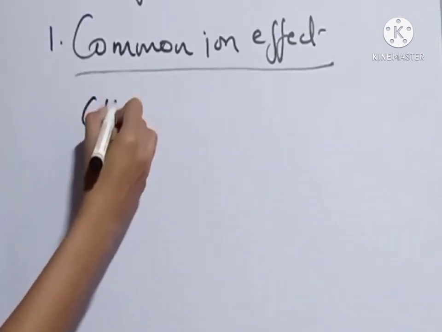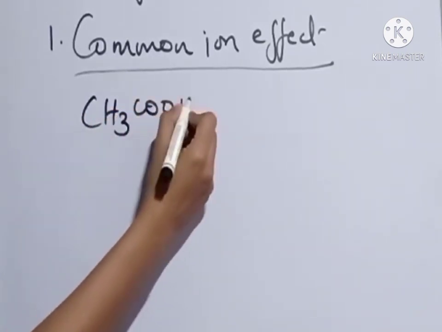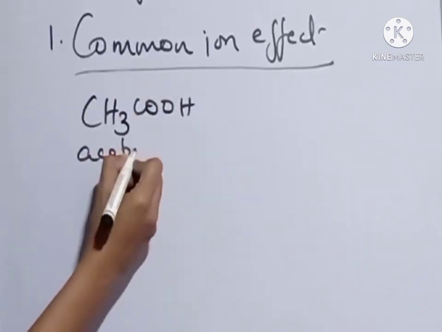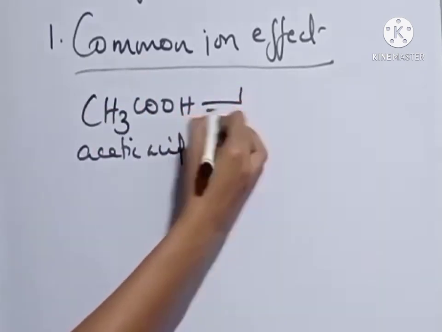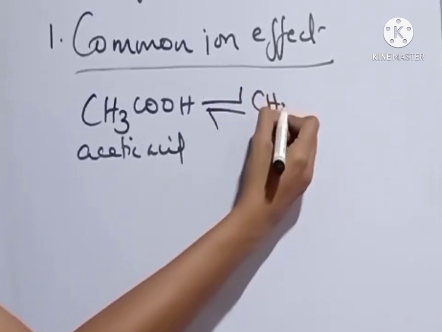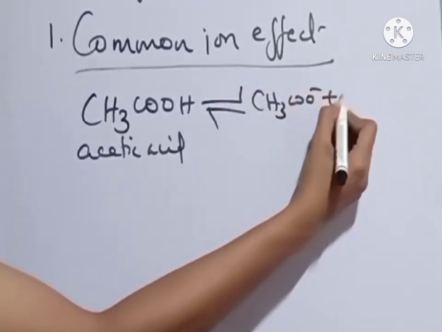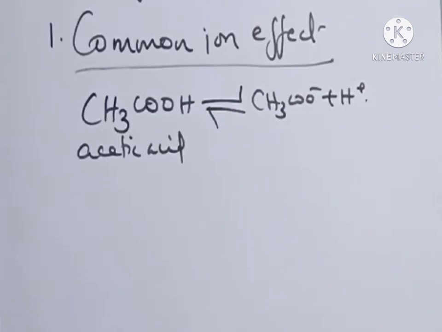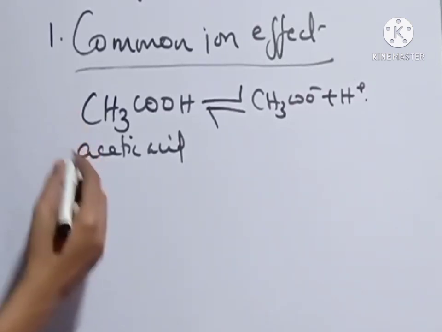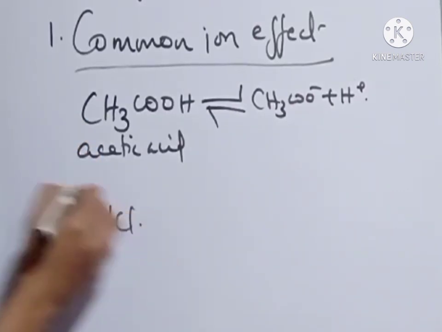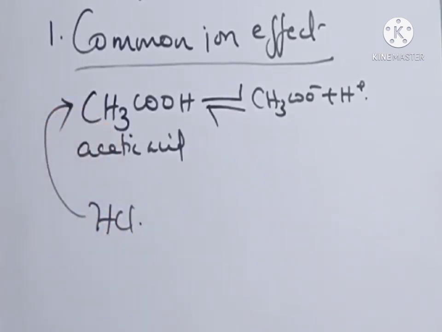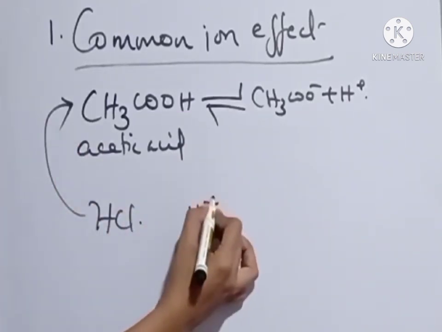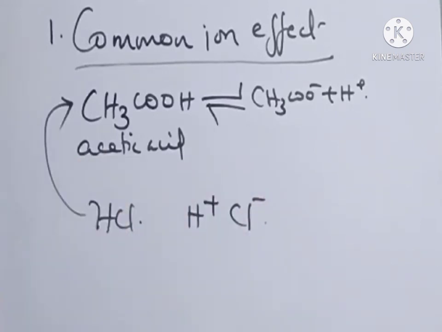I'm going to take a weak electrolyte, CH3COOH, acetic acid. Acetic acid is a weak electrolyte and its dissociation gives CH3COO minus ions plus H plus ions. Suppose I add hydrochloric acid to acetic acid. Hydrochloric acid, HCl, provides H plus ions and Cl minus ions.